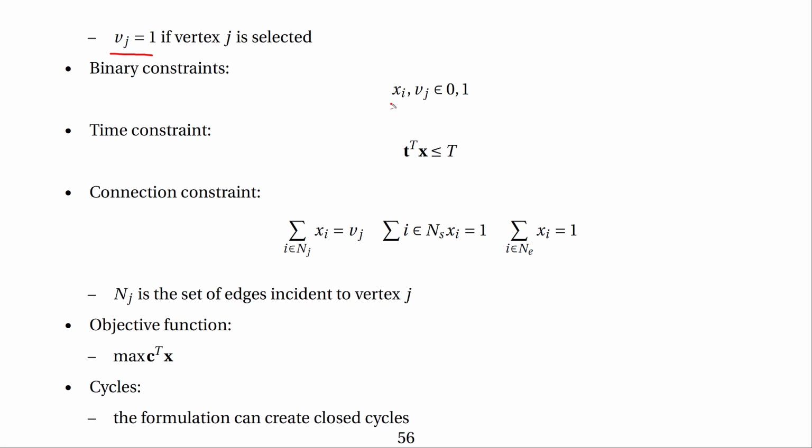Again, we have binary constraints that all xi and vj need to be elements of the set 0, 1. Then we have a time constraint that T transpose x is smaller or equal to the maximum time. Now this is just a sum written out in vector notation.